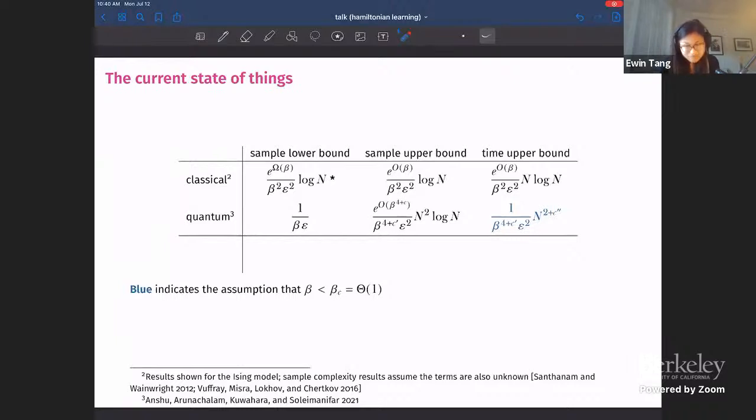Can I ask a question? I'm a bit confused by the parameters. So for example, the classical upper bound, if I just take beta equals 1, what does it mean? It means that using log n samples from the Gibbs distribution you can recover the whole Hamiltonian?